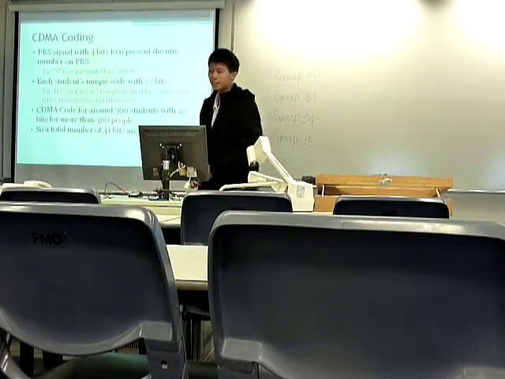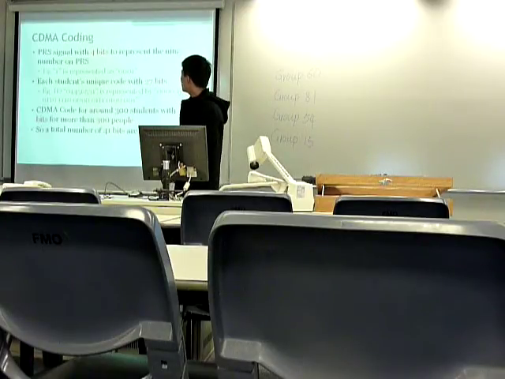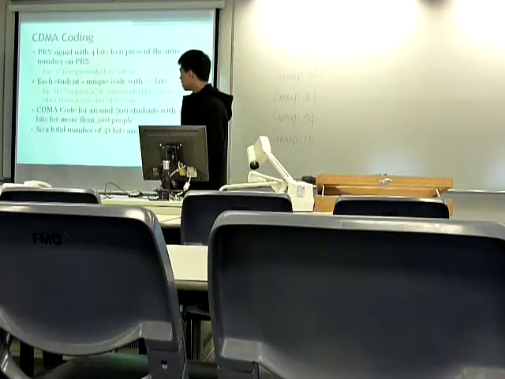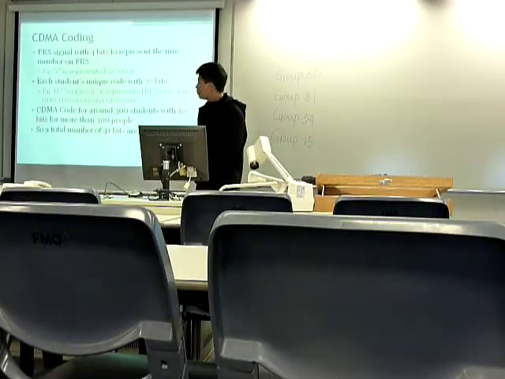As just mentioned before by Pinky, the PRS signal has 4 bits to represent the 9 numbers, and we need 27 bits for each student's Unicode. But we are going to use CDMA coding, so we need 10 more bits for more than 300 people.